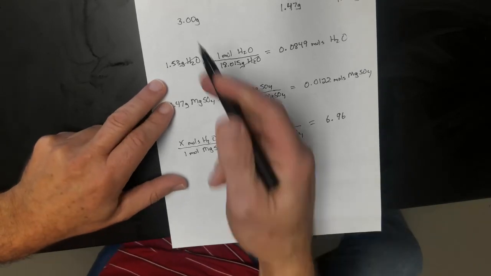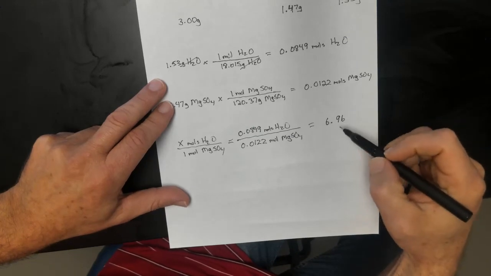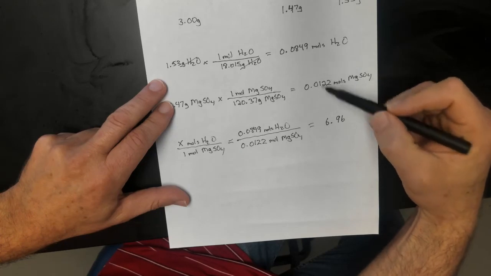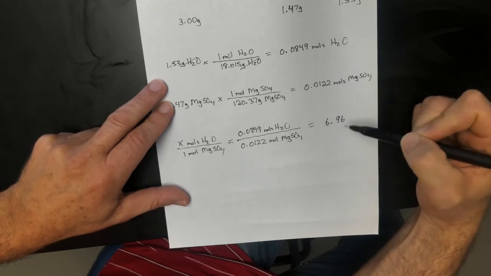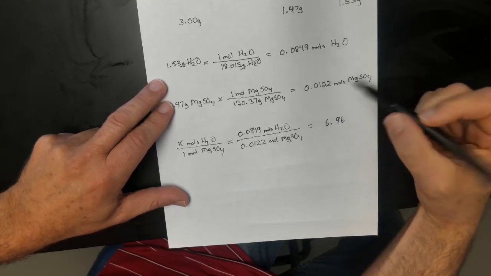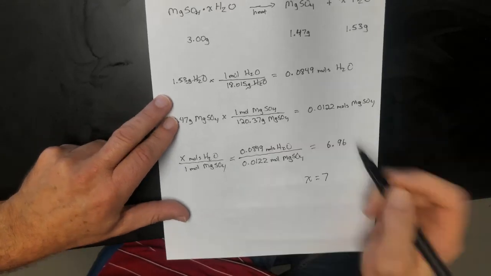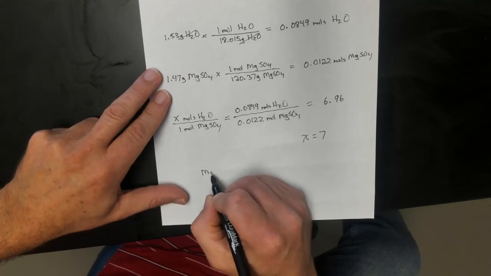But remember I said X has to be a whole number, right? So this value over here is associated with our limits in measurement, okay? So we're not going to come out to exactly 7, but you're going to get some number that's going to be close to a whole number after the experiment. So in this case, doing this experiment, X turns out to be 7. So now we've determined the chemical formula of our hydrate. It's MgSO4·7H2O.